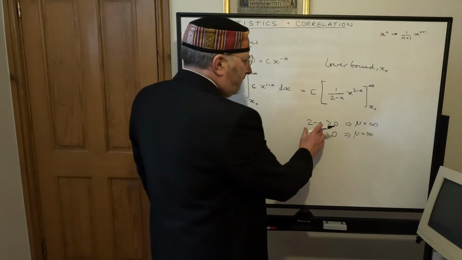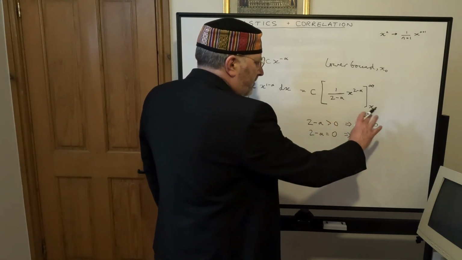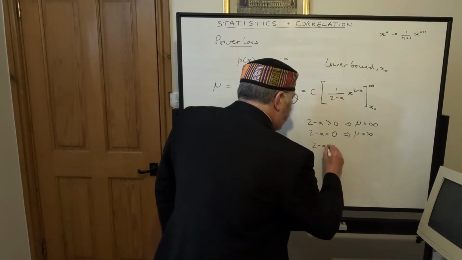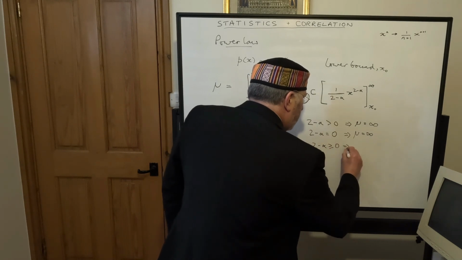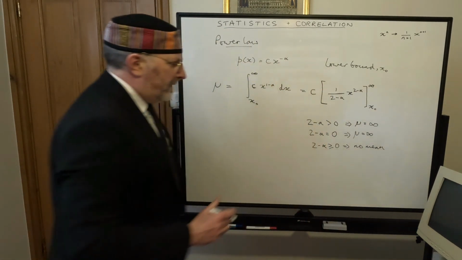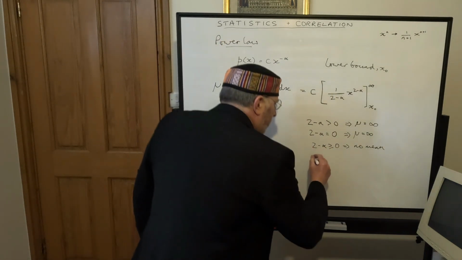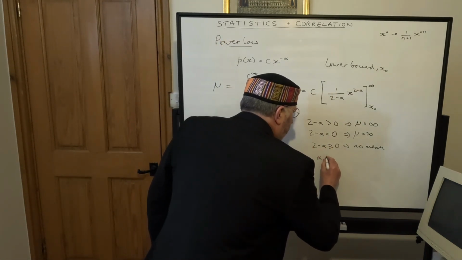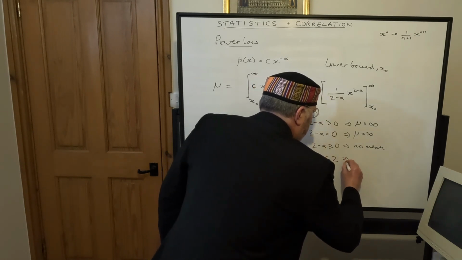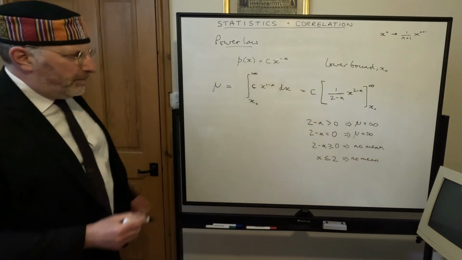So in other words, if 2 minus alpha is greater than or equal to 0, we don't have a mean: no meaningful mean, or an infinite mean. Or in other words, if alpha is less than or equal to 2, that implies no mean.